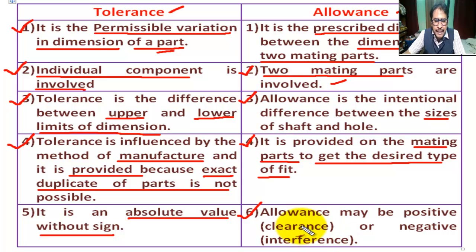For positive, the largest shaft size is always less than the smallest hole size, and for negative, the smallest shaft size is always greater than the largest hole size.